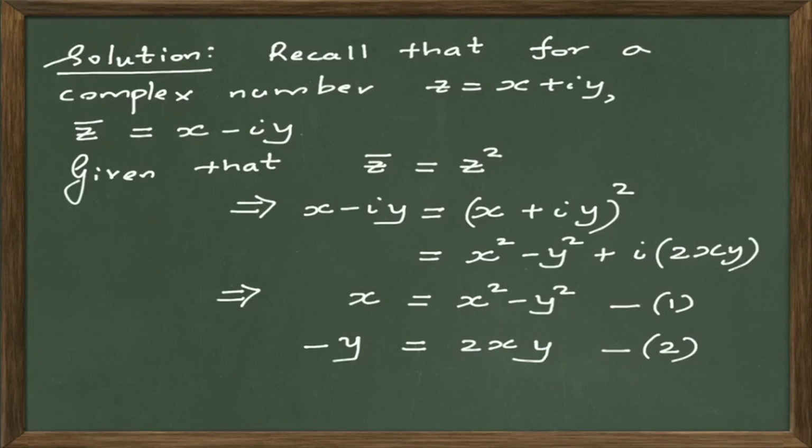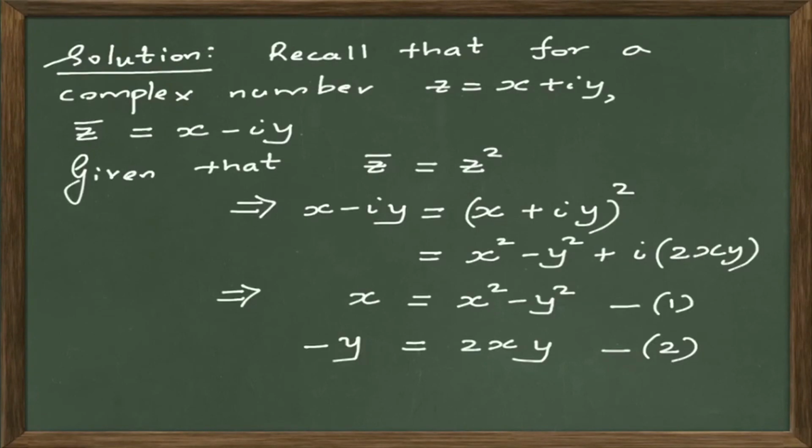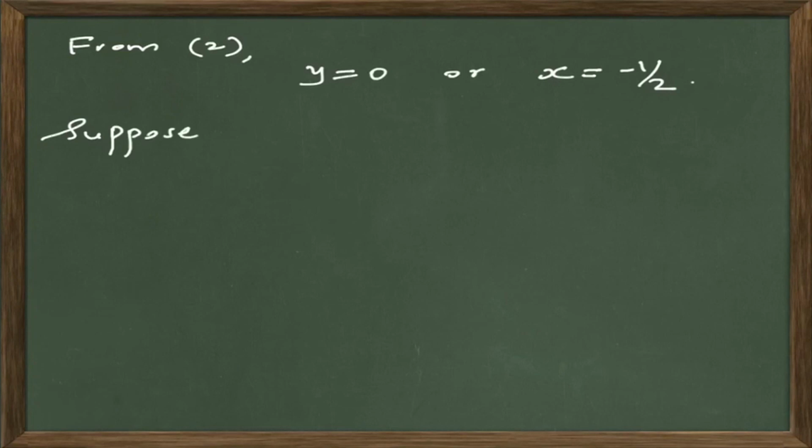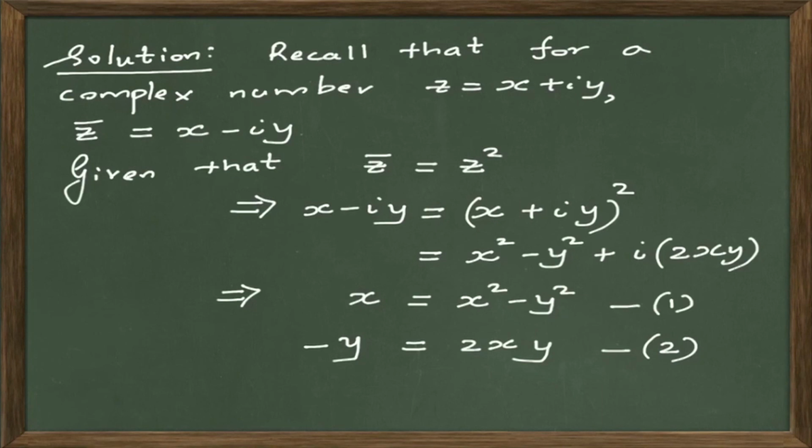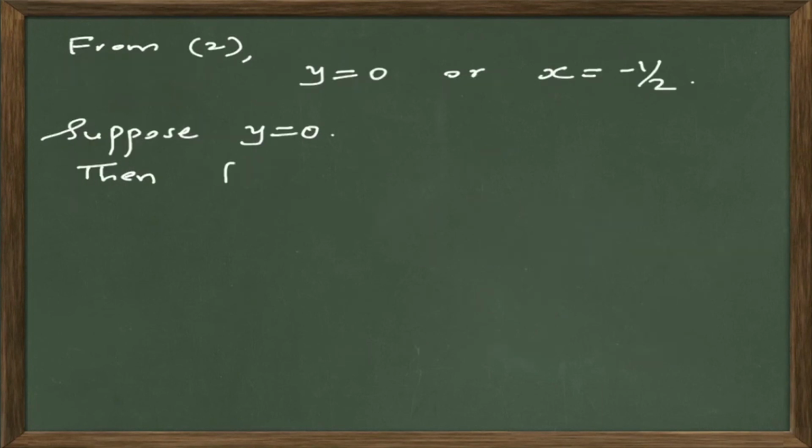Now, from the equation 2, it is clear that either y is 0 or x is equal to minus half. Suppose y is equal to 0, then from 1 we see that x is equal to x square.